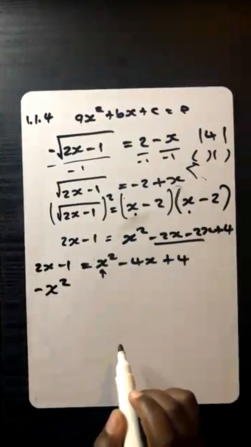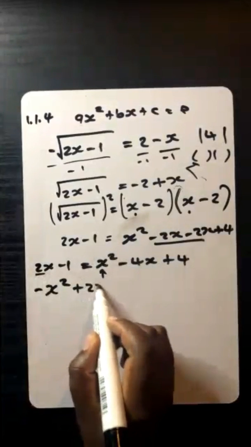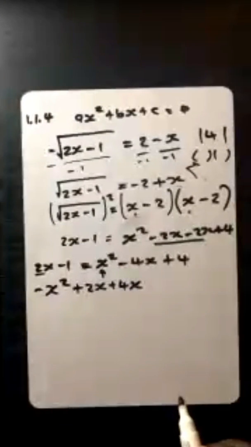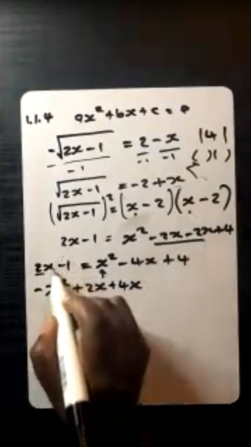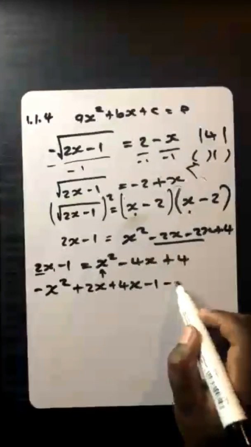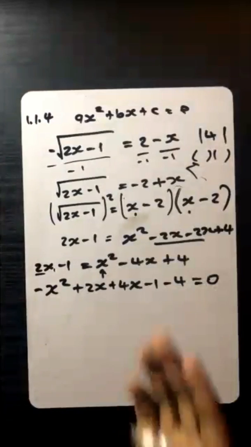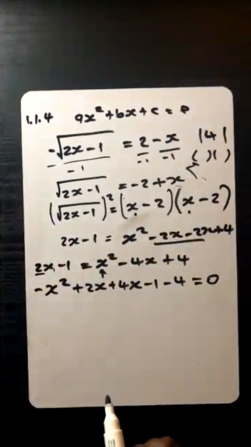Remember, it changes sign, followed by that positive 2x because it has always been there, and you get this one closer to that 2x because you want to have it in the standard form. So you already had -1, and you transpose that 4, it becomes -4. Now that you moved everything to the other side, you remain with 0.